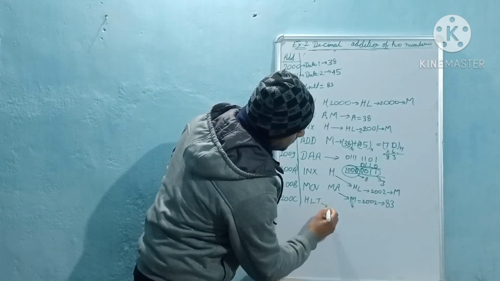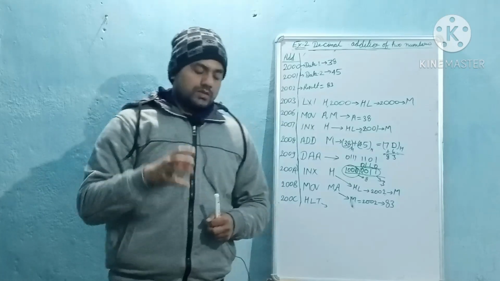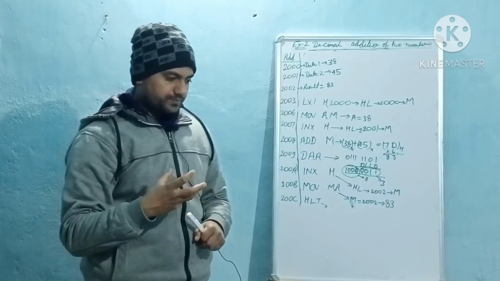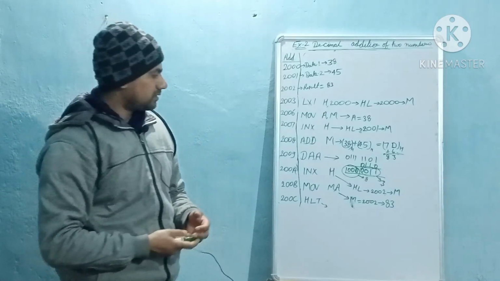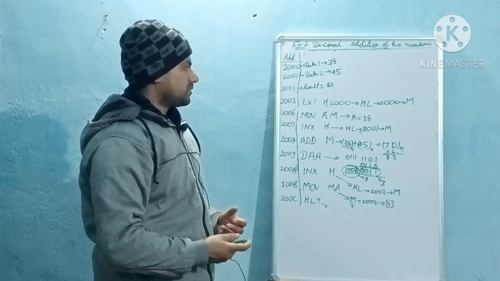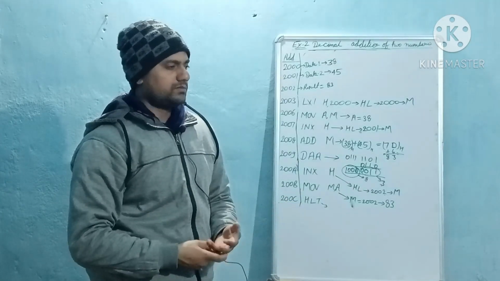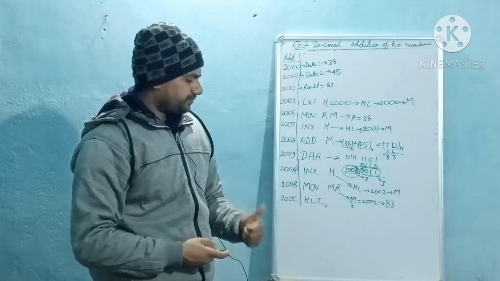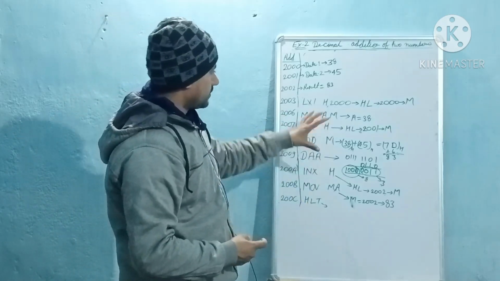And this last instruction is for halting the processor from executing the next instruction. You can use HLT or RST 5. That is the whole process going on here.